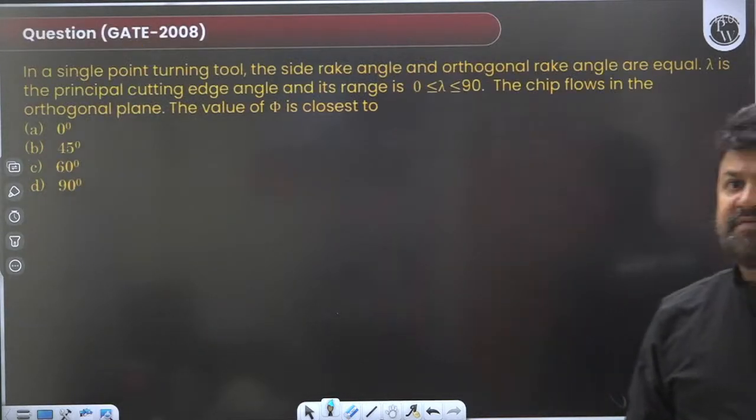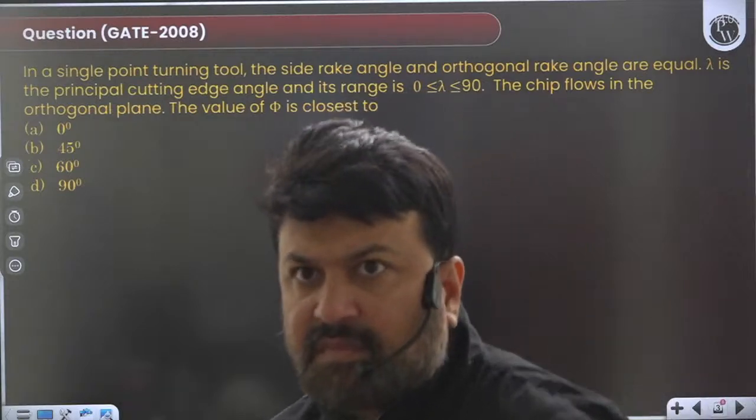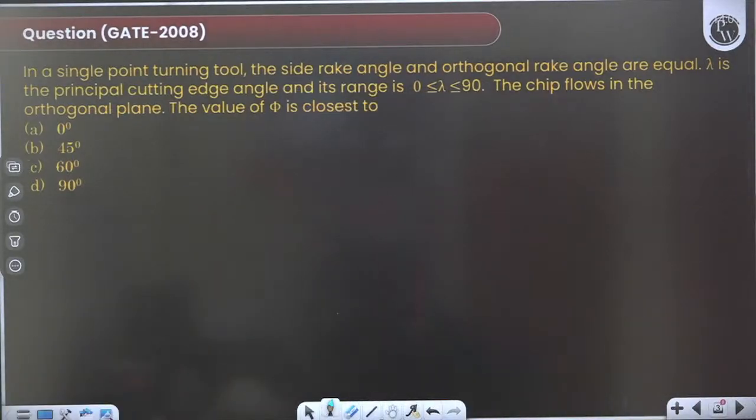So here's the first question. Please solve this question.